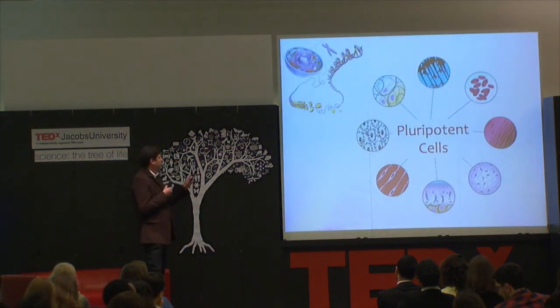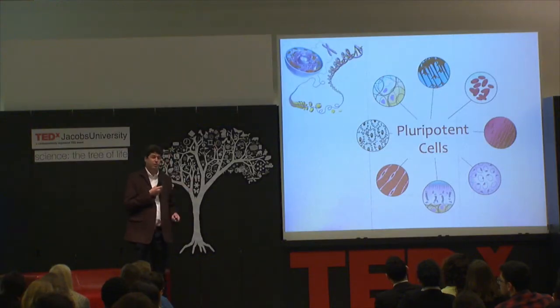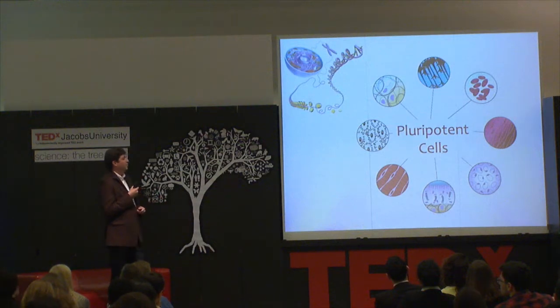So let's see how this works. You can see at the top an illustration of a nucleus that exists in our cells. Within this nucleus, there's genetic information, and the genetic information encodes for the creation of a human body and also for the maintenance of the human body throughout life.